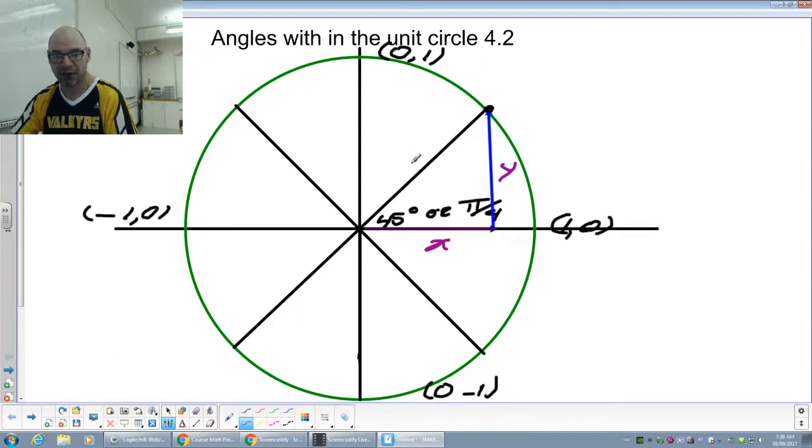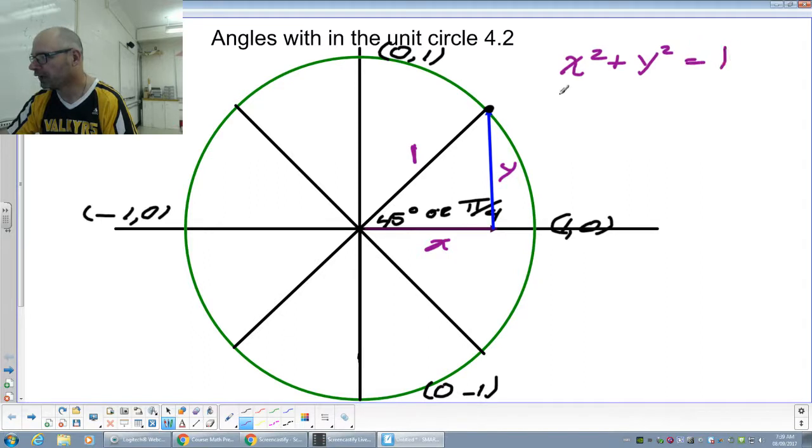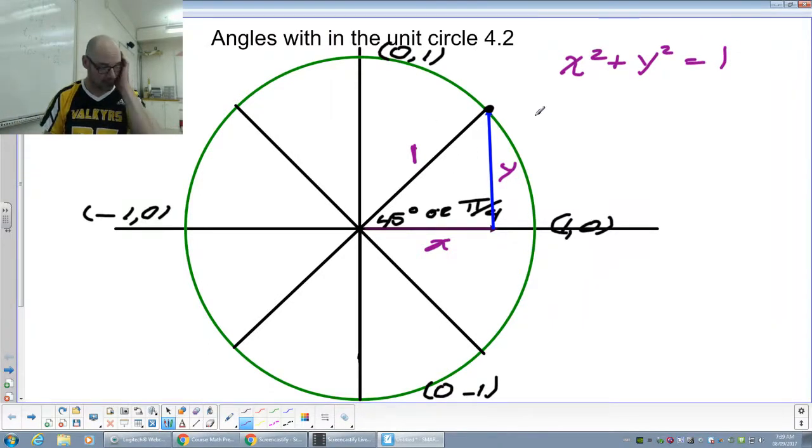Okay, so if we're thinking to ourselves, well, if this is 1, we know that the unit circle is x squared plus y squared equals 1. So what is x and y going to be? Well, we know that x and y are going to be the same length for the 45-degree triangle, the special triangle.